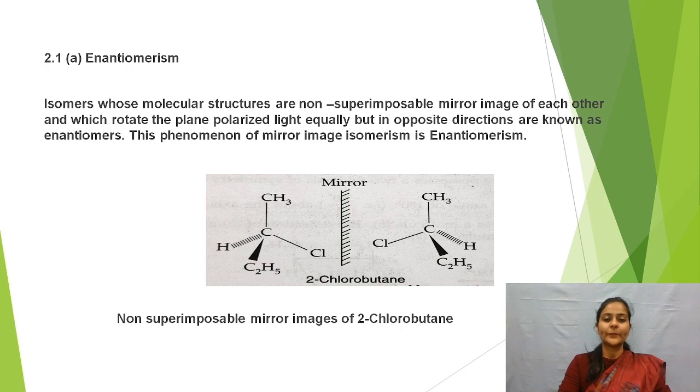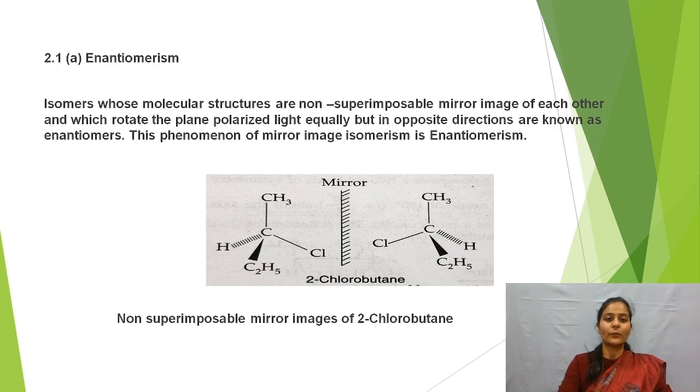For example, I have given here 2-chlorobutane. The first structure and the second structure are mirror images of each other. But when I place the mirror image of the compound on the compound, they are non-superimposable with each other.